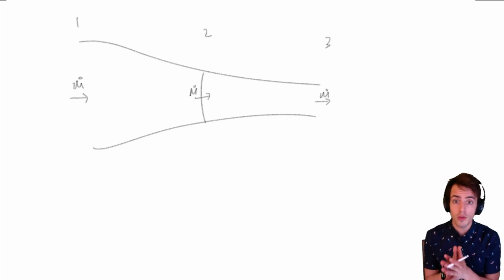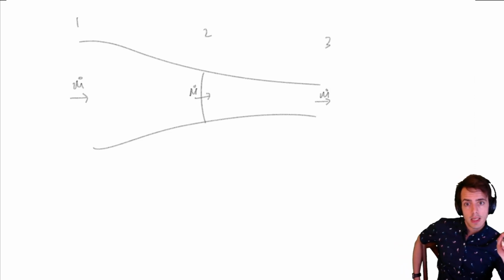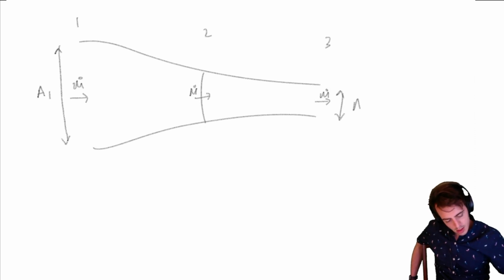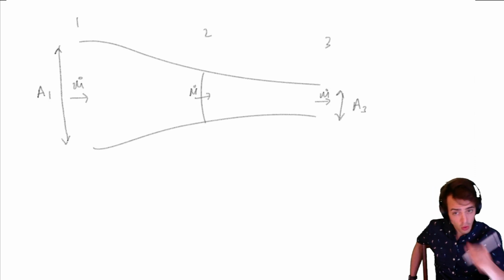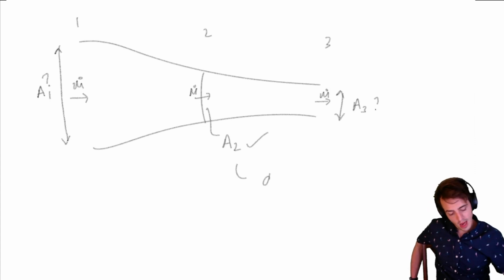We assume we've got a stream tube that's not entraining fluid, so we are assuming that m dot is constant everywhere. Now, we don't know A1 and we don't know A3, but we do know A2. So this is unknown, but this is known because this is just the disk area.